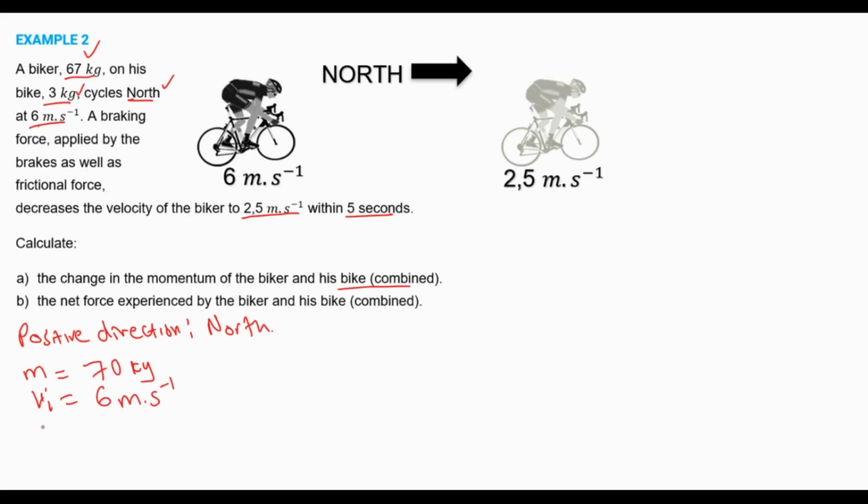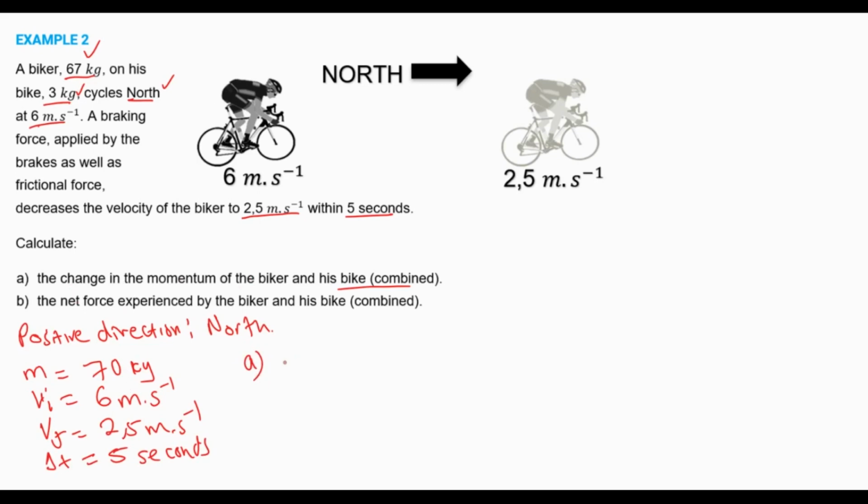Yes, reduces to 2.5 meters per second. Right, and then change in time is 5 seconds. Right, what else do we need here? I think we have all the information. Now let's calculate the change in momentum.